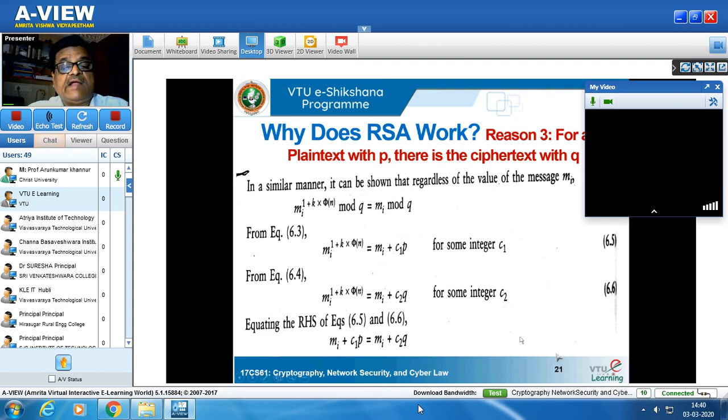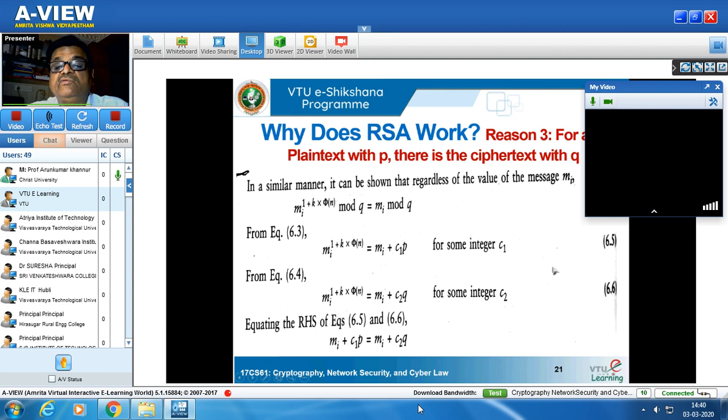When we add to the value of m_i the multiplication of some integer c1 and the prime number p, it is equal to m_i raised to 1 plus k into Euler's phi n.